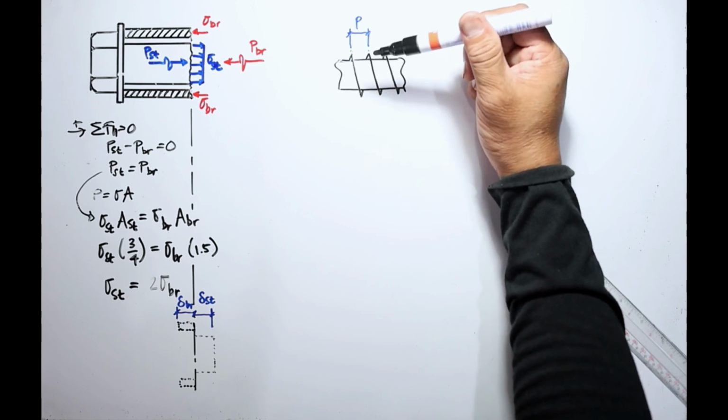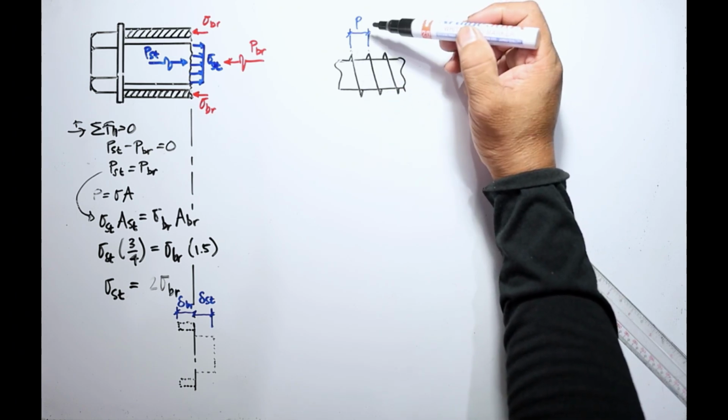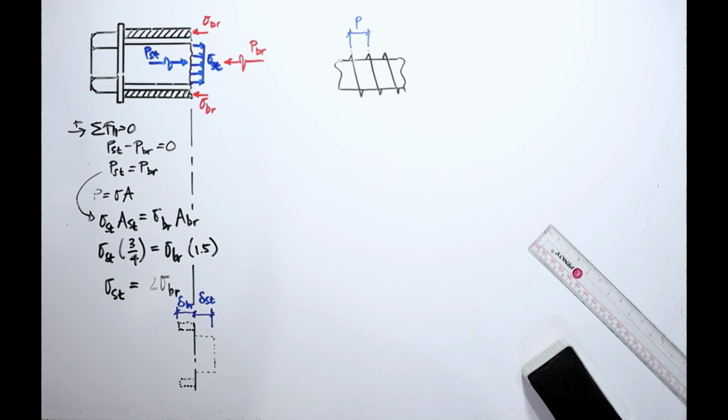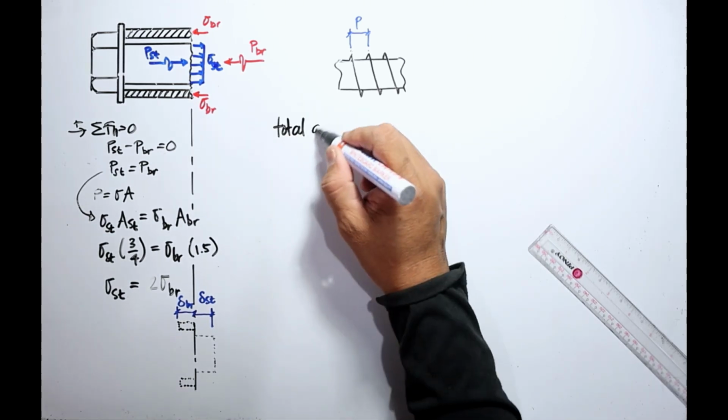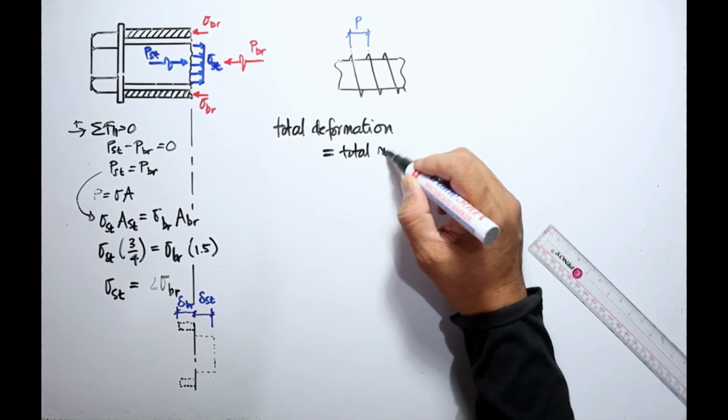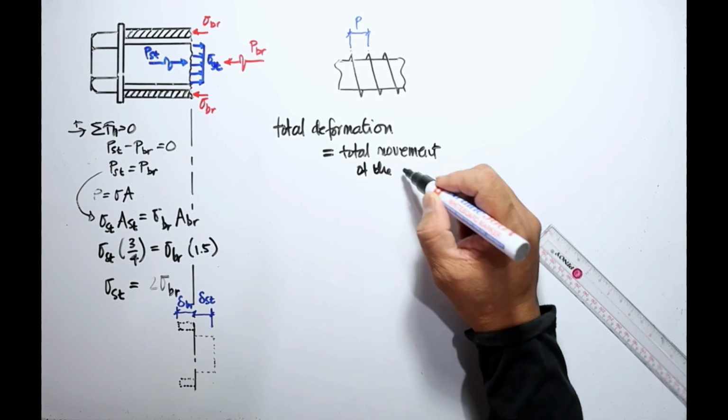That means one turn of the nut will move the nut at a distance of P, which is the pitch. And the total movement of the nut is actually equal to the sum of the deformations. So the total deformation is equal to the total movement of the nut.